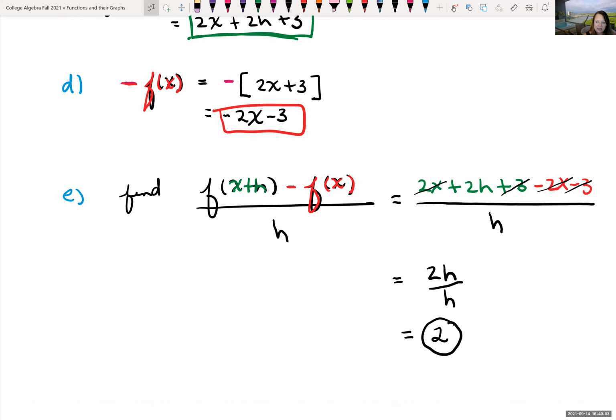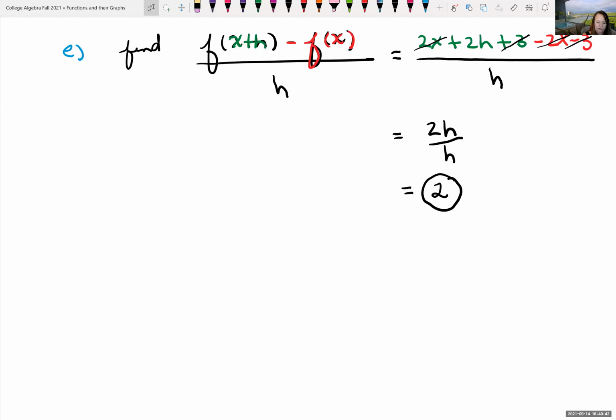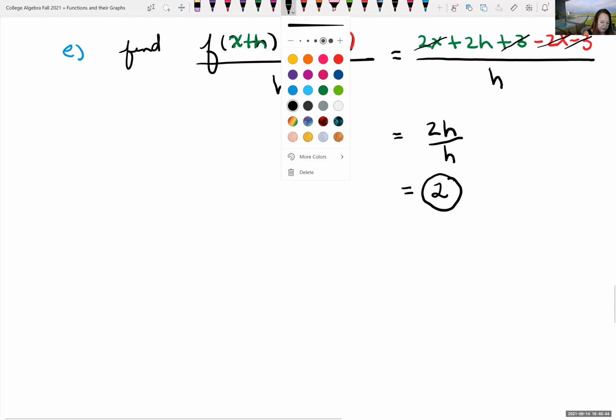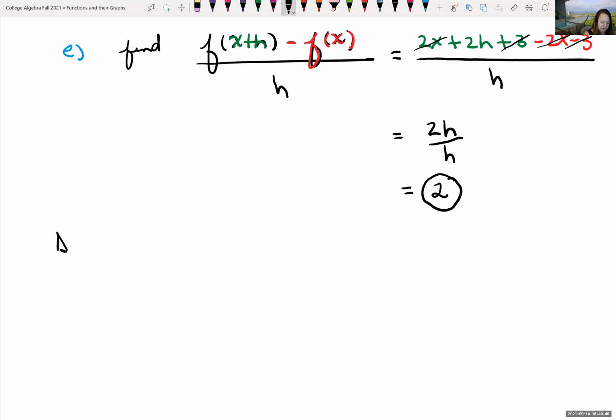What we had just done is called the difference quotient. Okay, so the difference quotient, and you'll be using this once you get into calculus a lot.